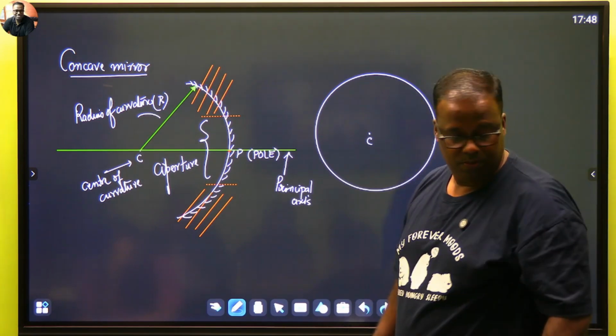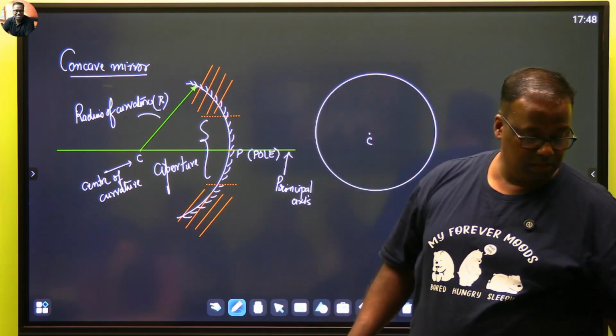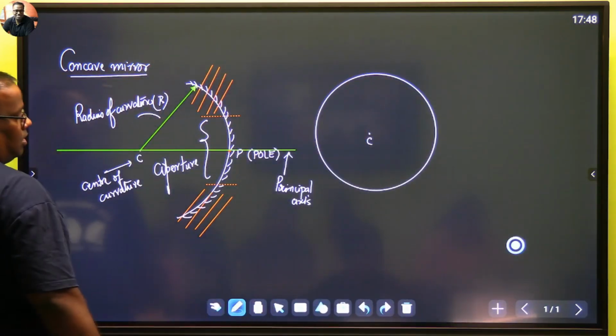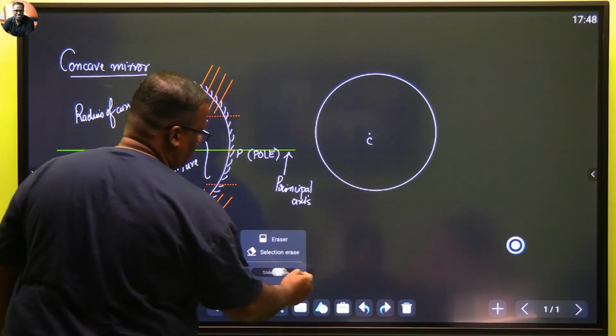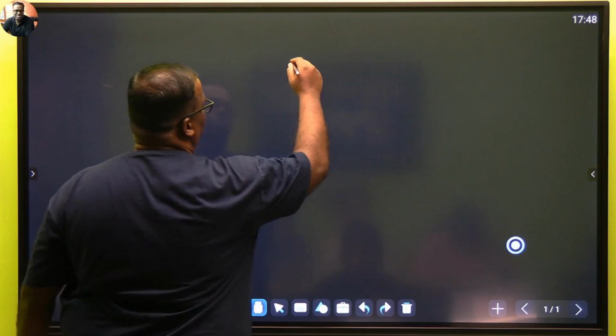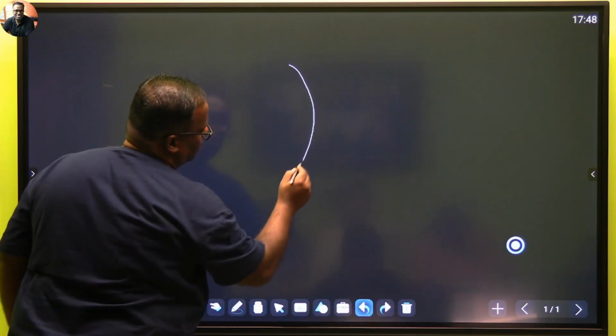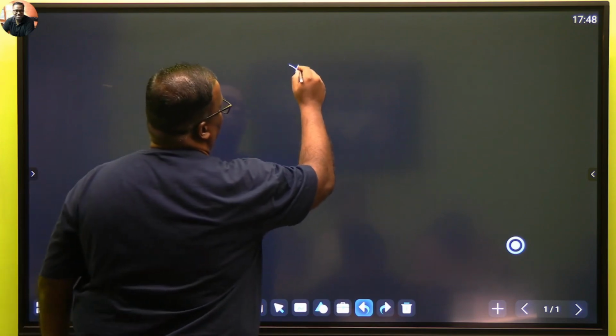Fine. Concave, convex we have done. Principal axis done. Aperture done. Right. Let's move ahead. So far okay. Now let's go to the more basics of it. So let's take my concave mirror.